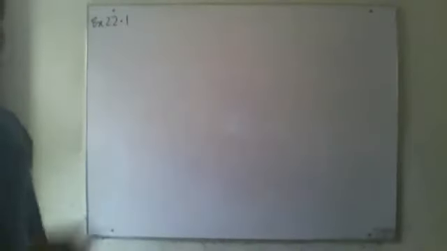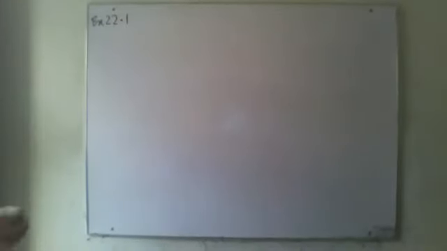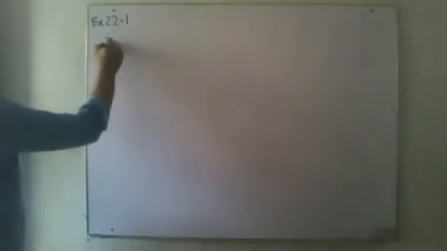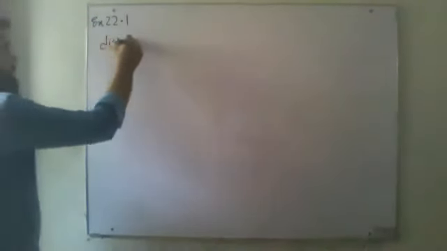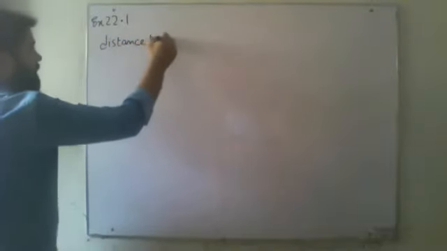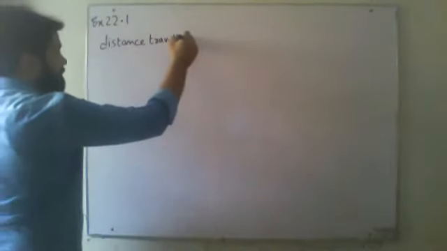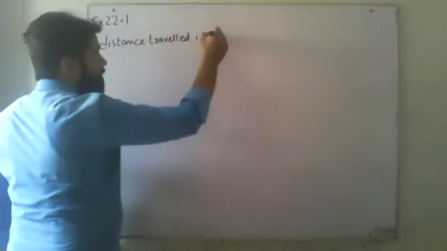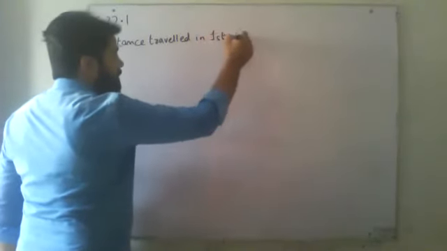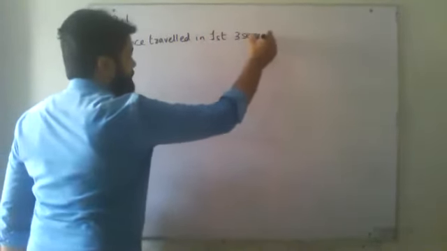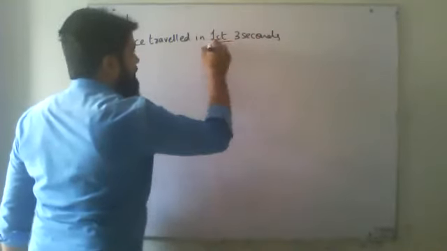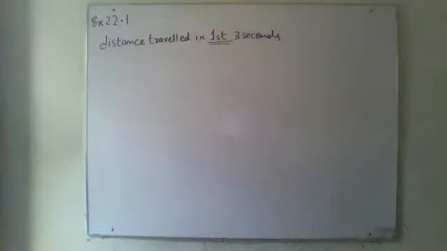Next part, the distance traveled. The C part says the distance traveled in first 3 seconds, and that is the most important thing, which is over here.